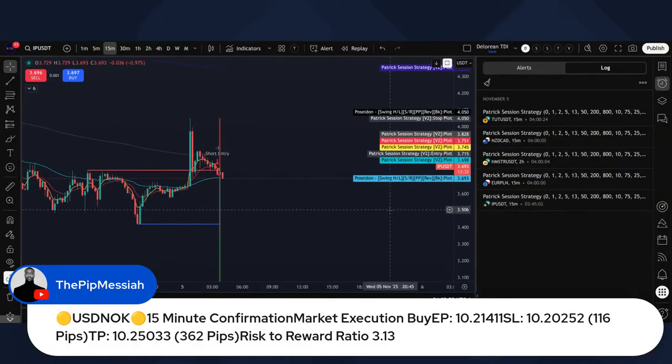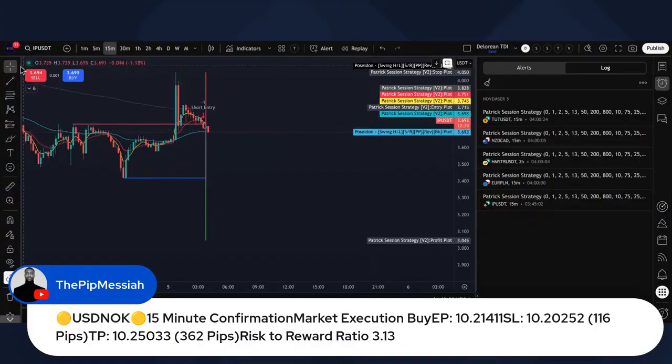And we've got IP versus Tether, targeting 3.045.